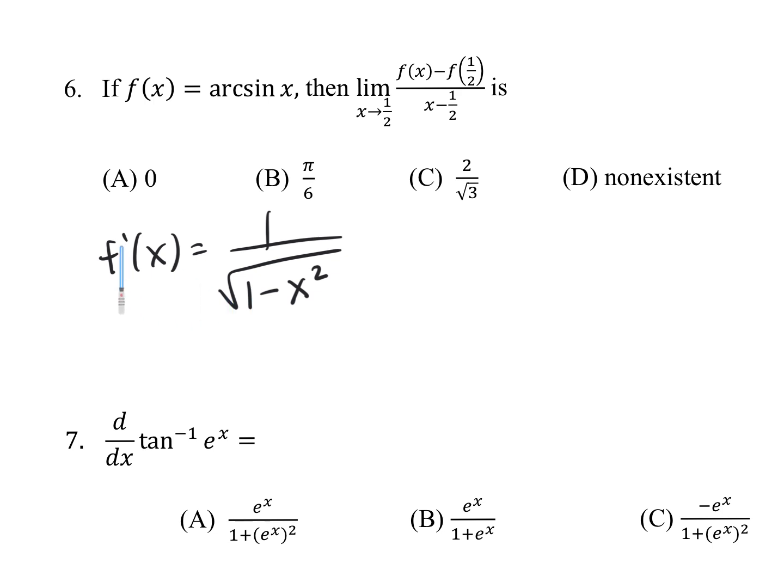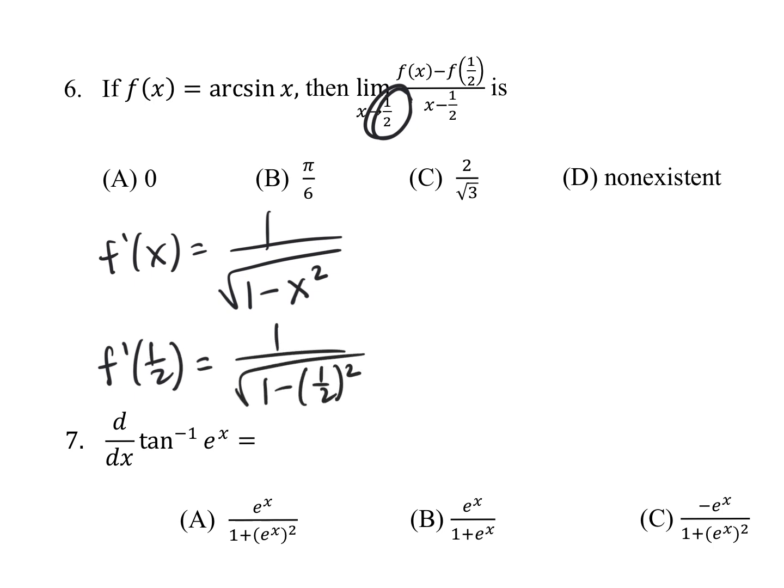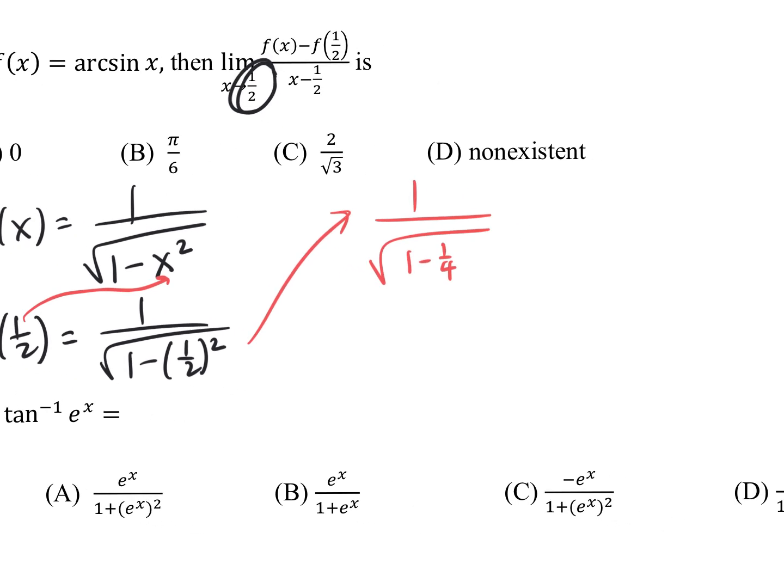Where do they want that derivative? When x is a half. And I'm just going to plug in a half for my x. 1/2 squared would be 1 squared over 2 squared, which is 1/4. So I've got 1 minus a fourth. 4/4 minus 1/4 is 3/4.